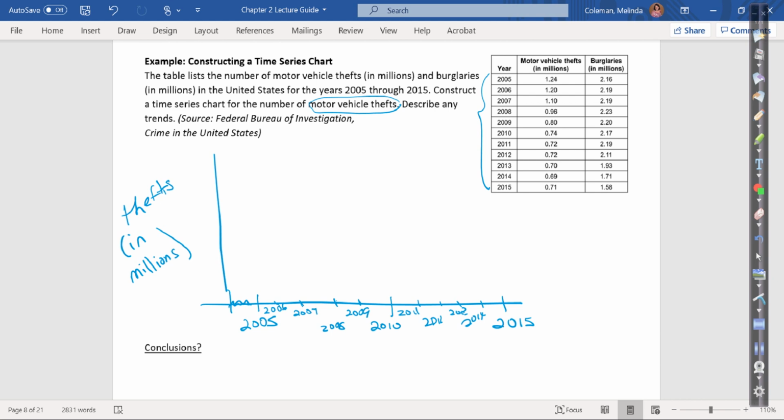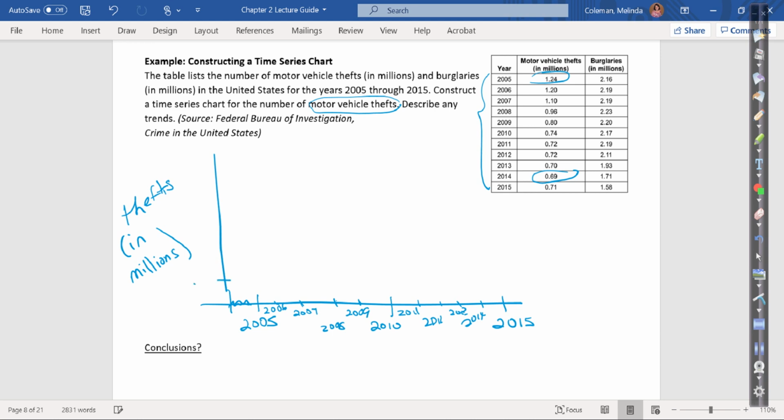And then our thefts in millions, the lowest number of thefts looks to be about 0.69. The largest number is 1.29. So I want to make sure again that I don't start so close to the bottom that I have a flat curve, or a flat line in this case.